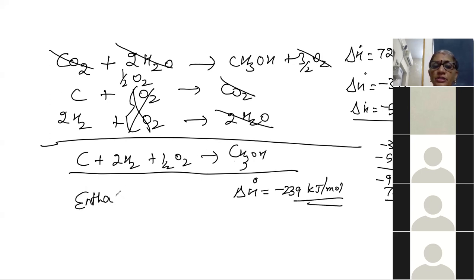Enthalpy of formation of methanol. Methanol is CH3OH. The value is minus 239 kilojoules per mole. Here 1 mole of methanol is formed from its corresponding elements. So the value that you get here is the formation enthalpy of methanol. Is it clear to all? Copy this down fast. You need the previous page also to copy.